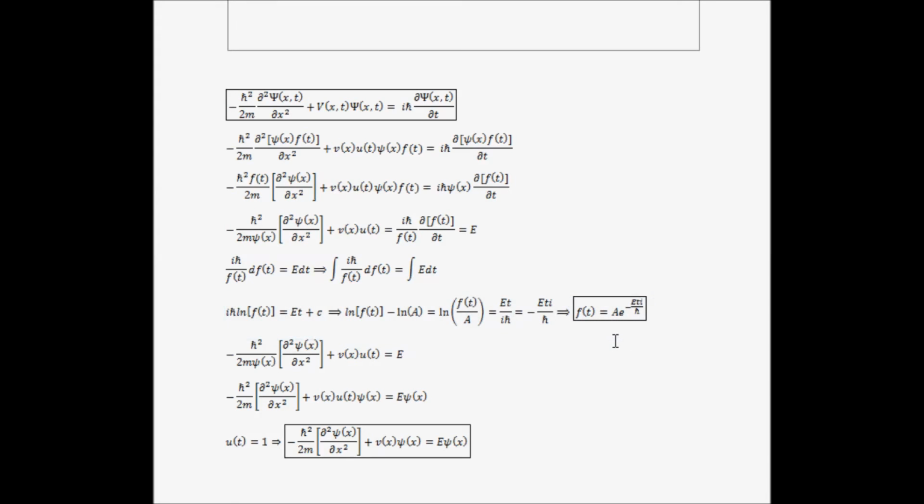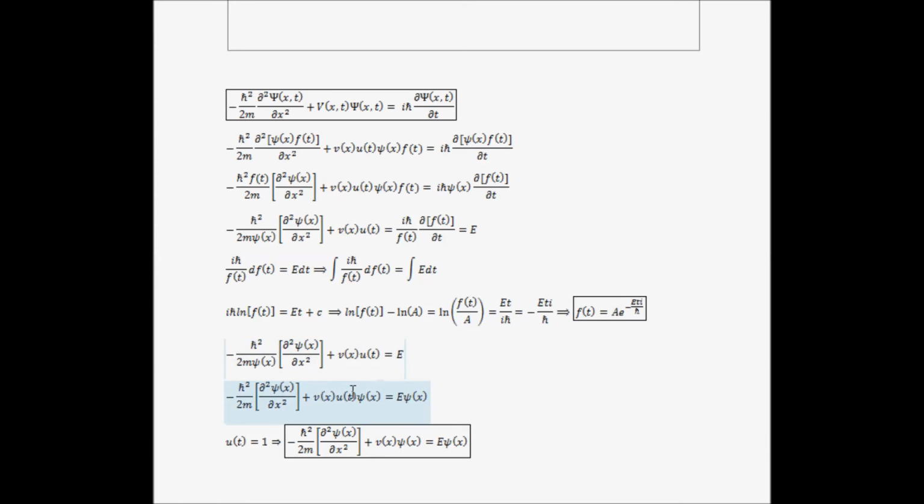Now we come to the position wave function, which is somewhat harder to solve. So I've just copied this down to here. Okay. Next thing is to multiply the whole equation through by psi of x. So it disappears from here, and it appears here, and it appears here.